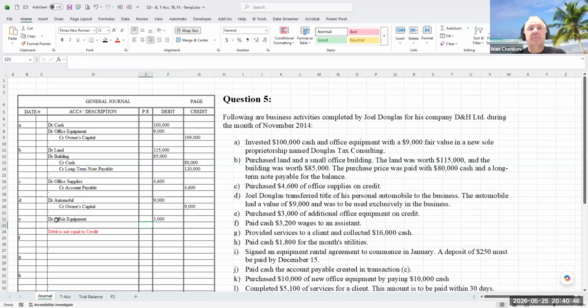Did we pay for it? Credit. No, we didn't pay, right? But do we have to pay? Yes, somewhere in the future. So that will be accounts payable. How much do we have to pay? $3,000.